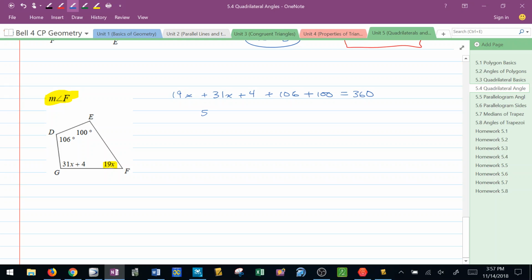Combine like terms, I get 50x plus 210 is equal to 360, or 50x is equal to 150, subtracting 210. Divide by 50, I get x is 3. To find the measurement of angle F, I take 19 times 3, or the measure of angle F is 57 degrees.